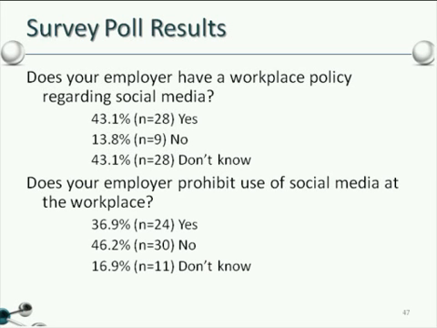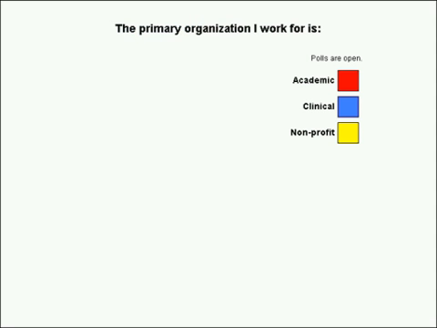Okay, I think we're going to take a poll right now. The primary organization that you work for is academic, clinical, or nonprofit. Okay, Erin, I'm going to go ahead and show the polling results as they accumulate.